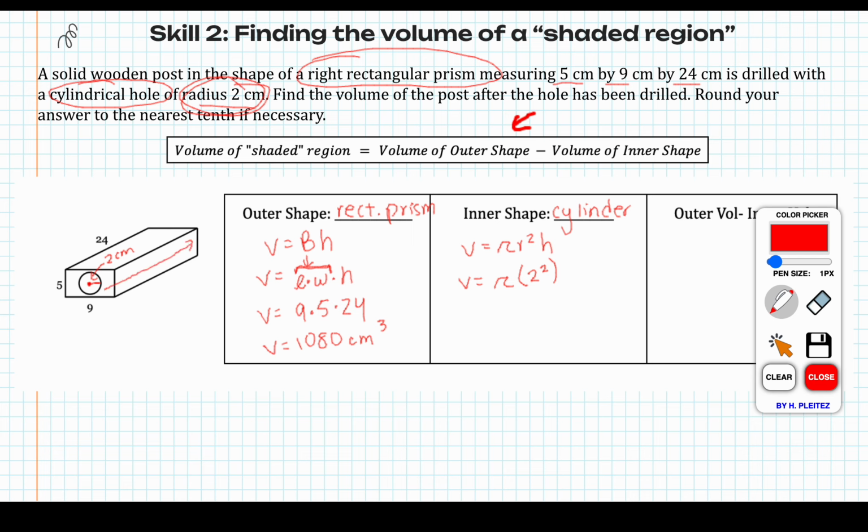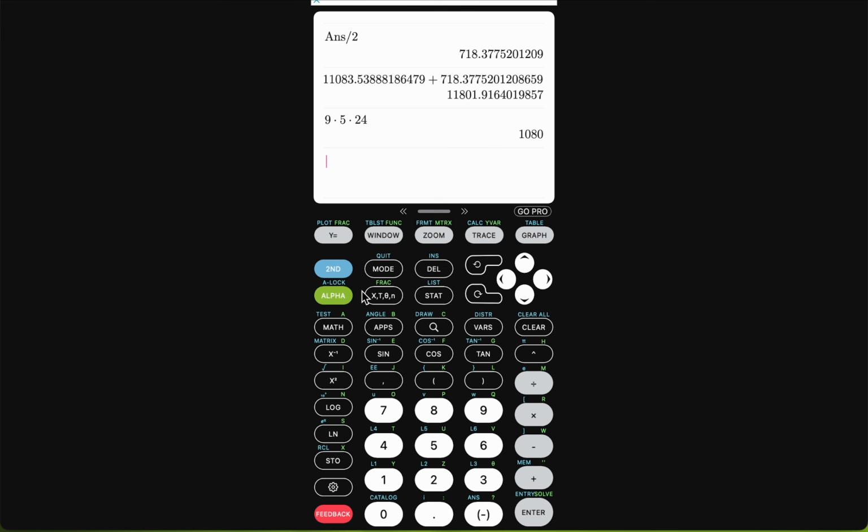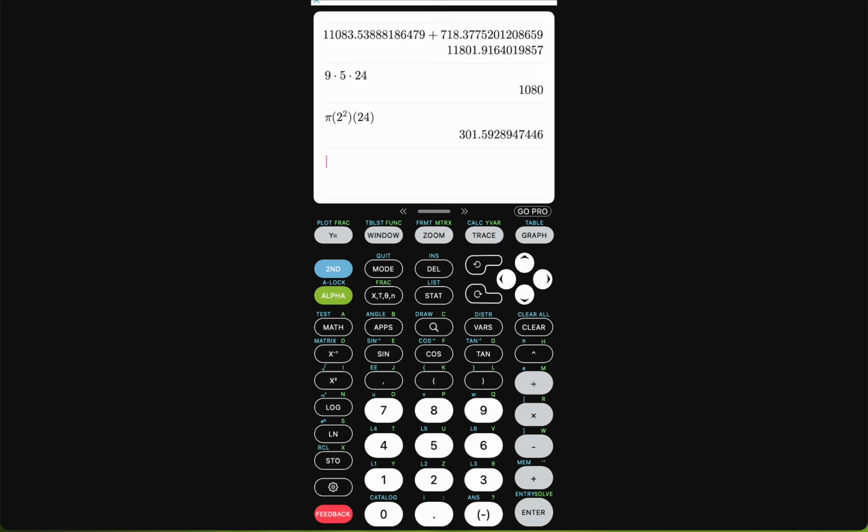So the height of the cylinder is going to be this value right here. And we can see it's going to be 24. Now when we plug this into our calculator, pi times 2 squared times 24, that gives us 301.593.